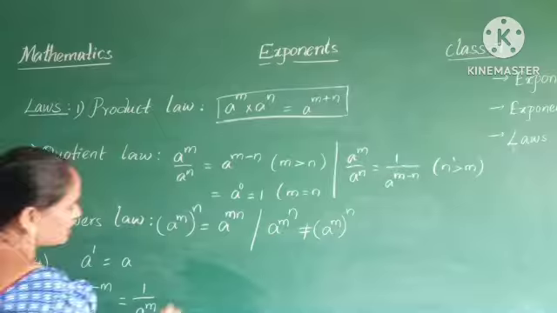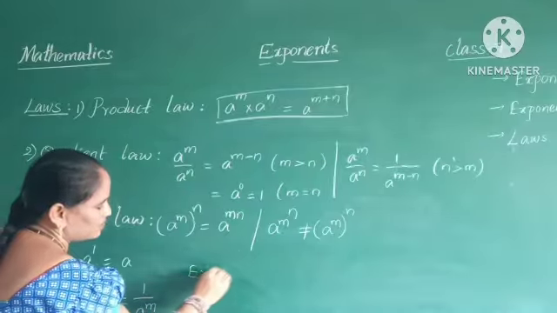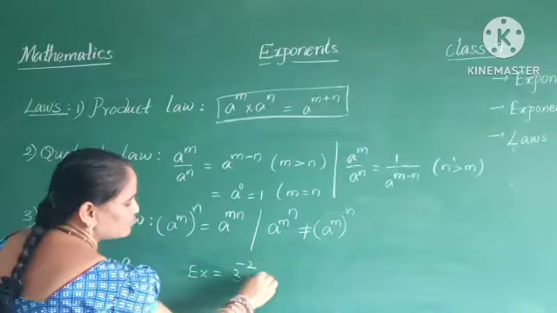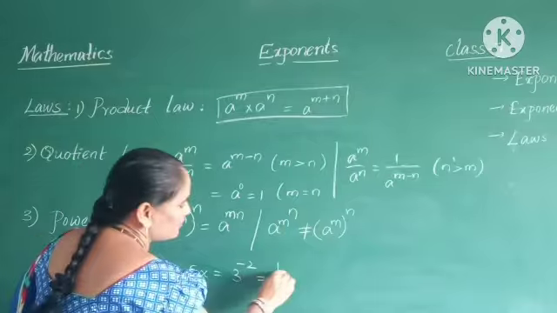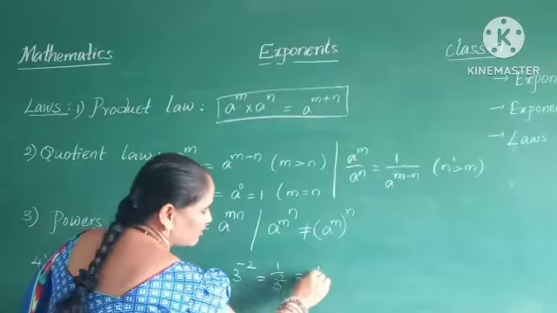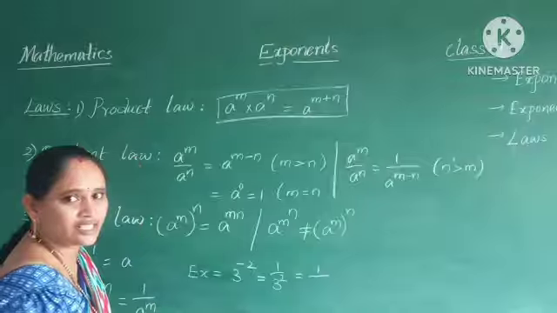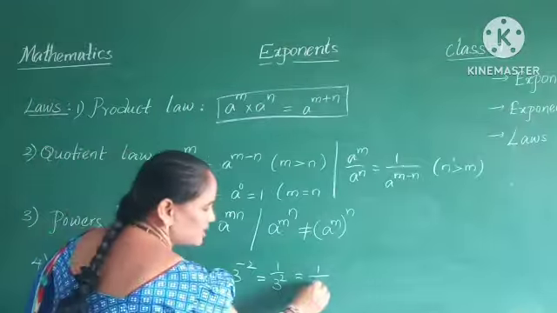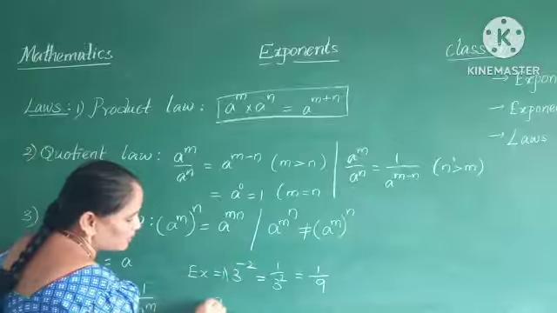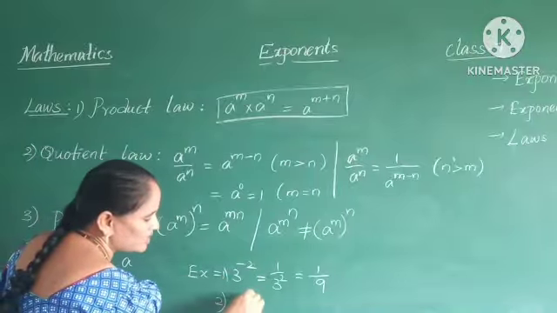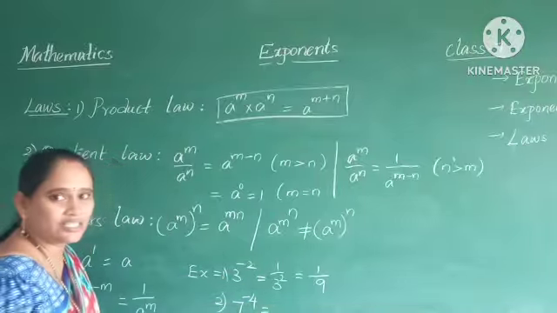Let us see some examples. For example, 3 power minus 2. How can we write that? 1 by 3 square. 1 by 3 square value is 3 into 3, 3 threes are 9, so 1 by 9. One more example: 7 power minus 4. How can we write this one?